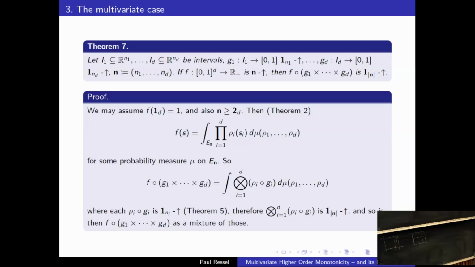So if I insert these functions, then I get an integral over the tensor products of rho i composed with gi. And each rho i composed with gi is 1 ni increasing by theorem 5, Morillas. Therefore, the tensor product is 1 with the sum of these ni increasing. And then f is a mixture of those, so it has the same monotonicity property.